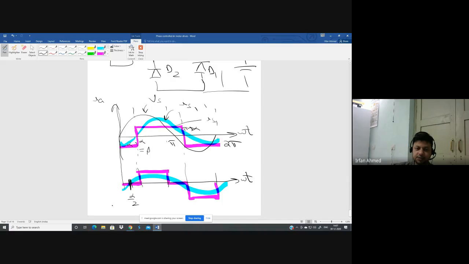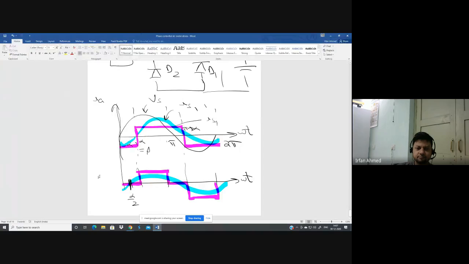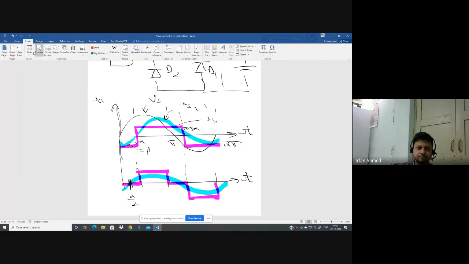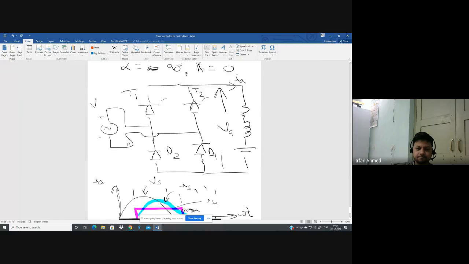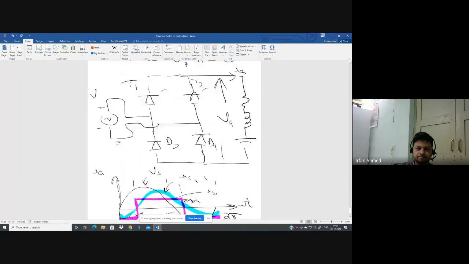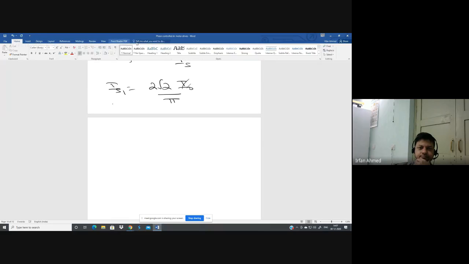And in case of the semi converter, what is the expression for the average armature voltage?